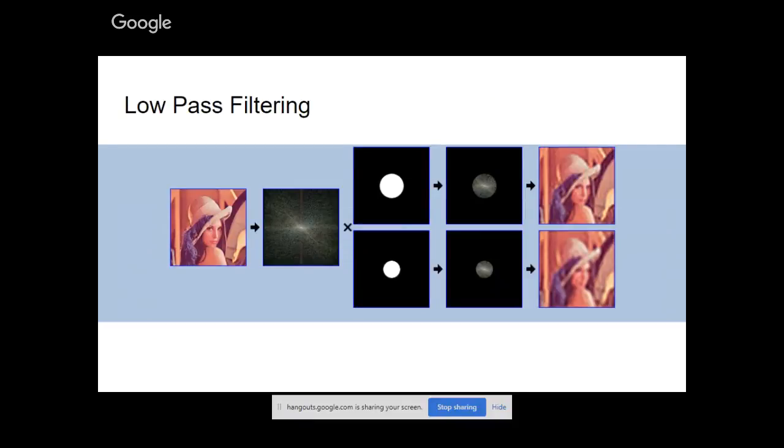So we talked about low pass filtering from the audio perspective, but what we can do here now is actually do the same thing with images. So this is Lena, and there are actually several types of algorithms that will allow you to convert this Lena image into a Fourier transform.